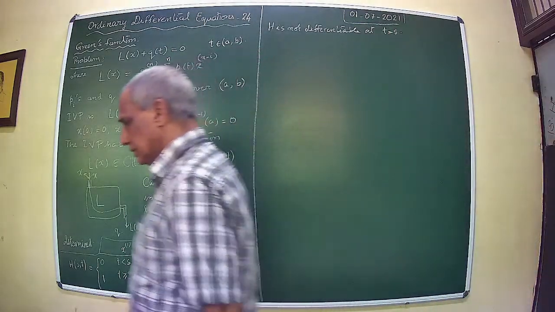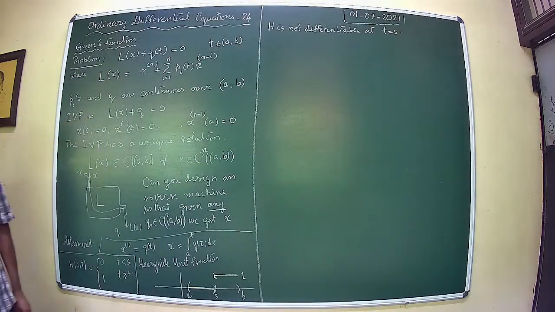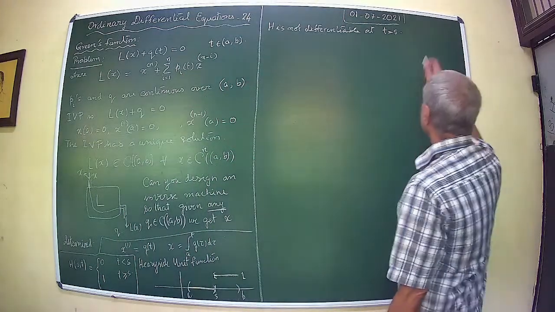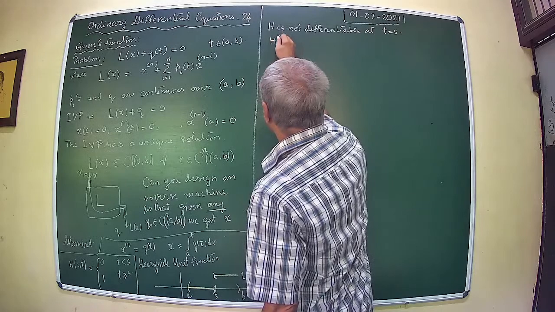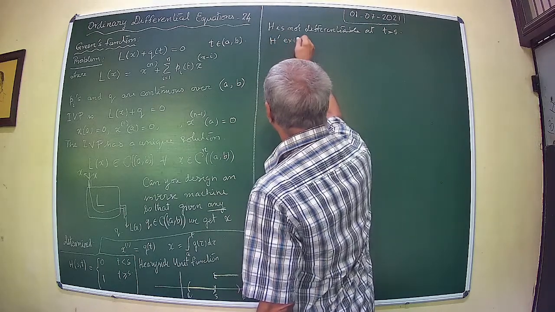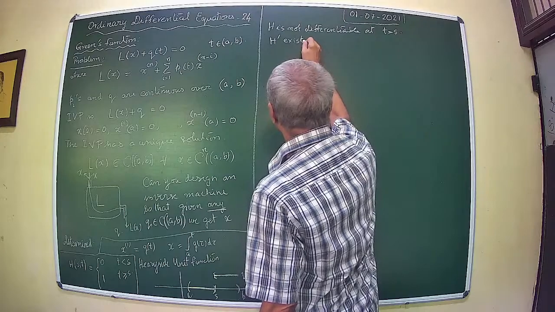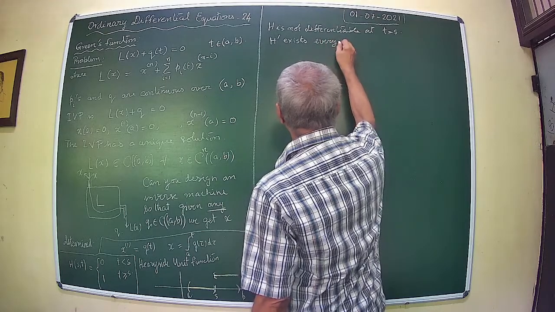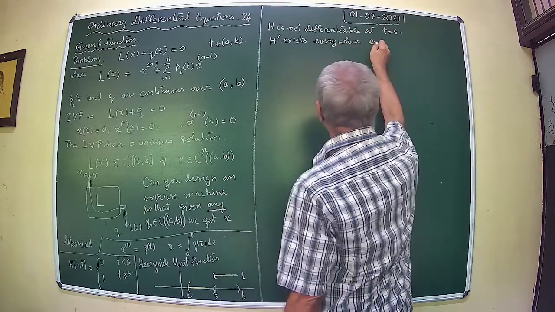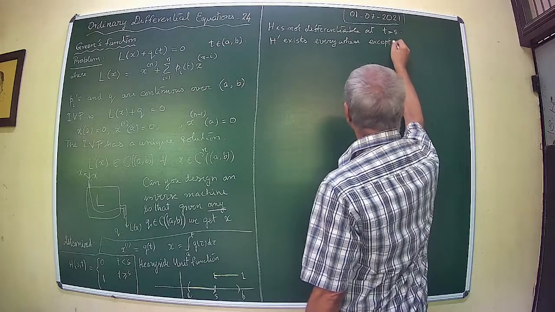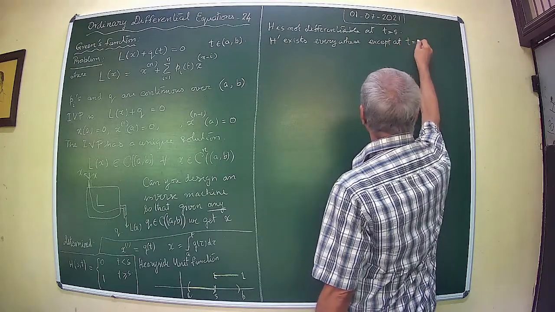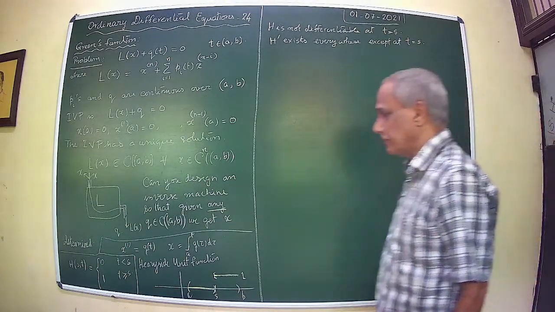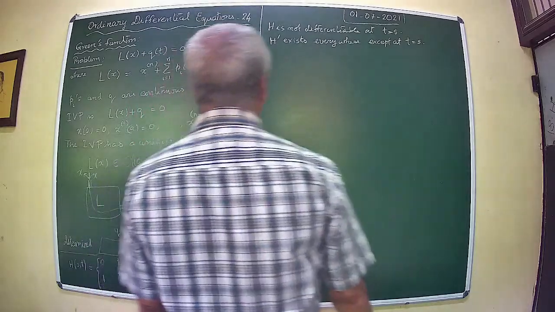At t equal to s, it is not differentiable because it has a jump discontinuity. Elsewhere, H derivative is 0, except at t equal to s. I have put s as a parameter because for each s we want to use this.